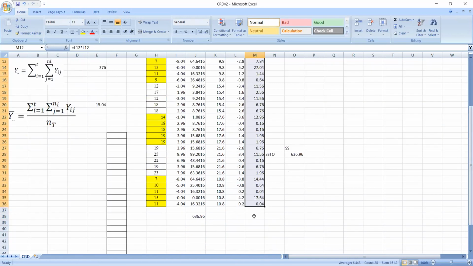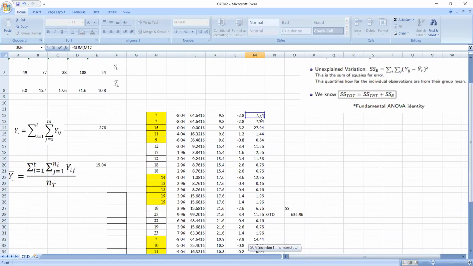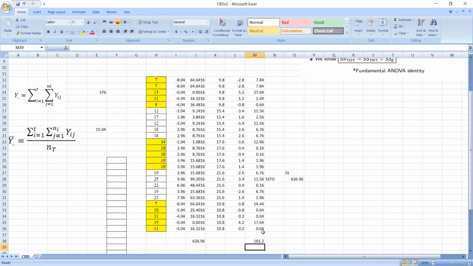And then you can take the summation of these squared values. You can see that is equal to 161.2.